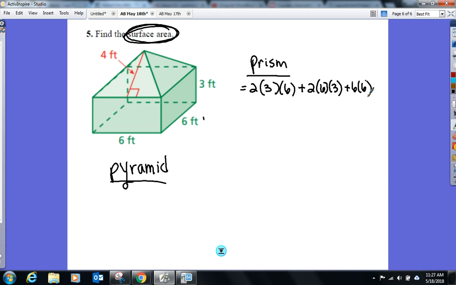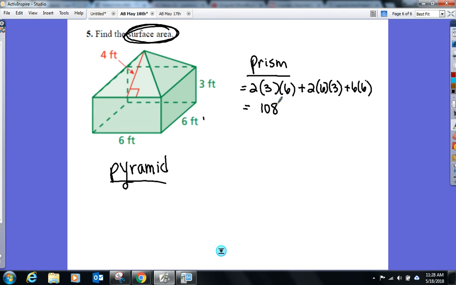So that should take care of the prism. Five out of the 6 faces are showing. 1 is covered up. I do not count it. What's the surface area of the prism in this one? 108. Okay. What about the pyramid on top?